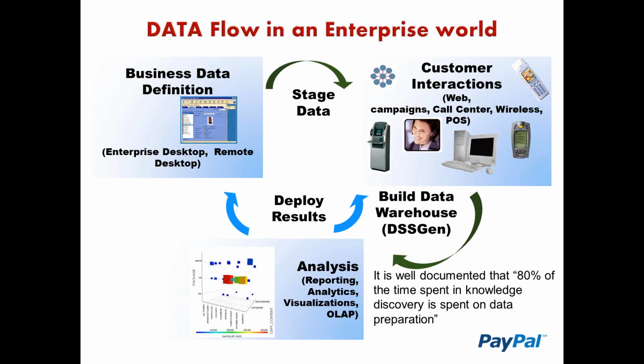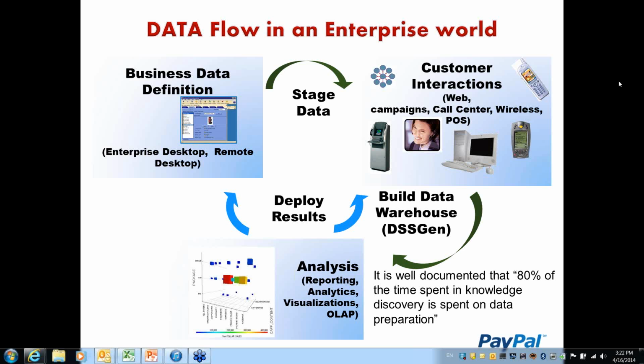It could be through a desktop or a remote desktop, wherever the source is. So the data is generated from that or pushed from that to the customer interaction, which could be your cell phone, or a point of sale instrument, or anything that a user or a customer normally uses, right?